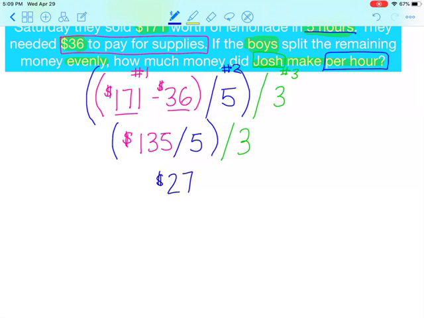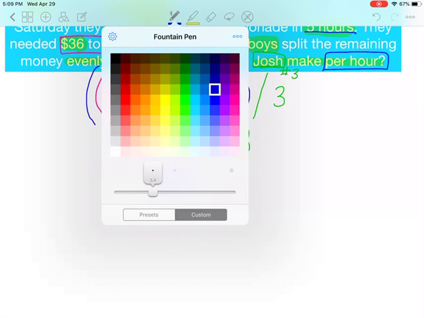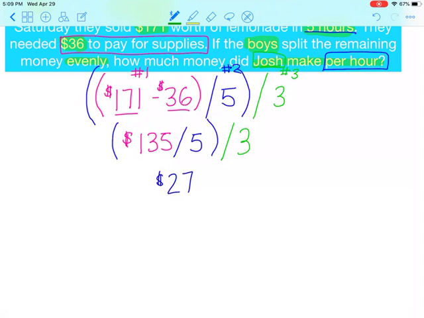So we just finished with step number 2. Now we have to do step number 3. Now they don't ask how much did the boys make all together. We want to know how much Josh made. So we would have to take 27, which is what the boys made all together, and divide it by 3 to figure out how much Josh made.